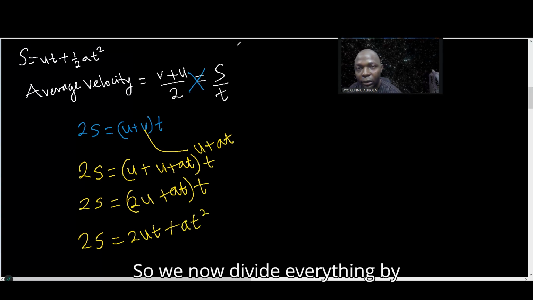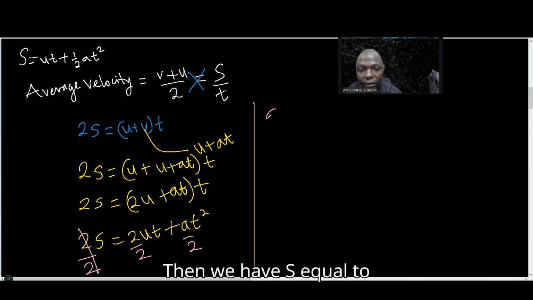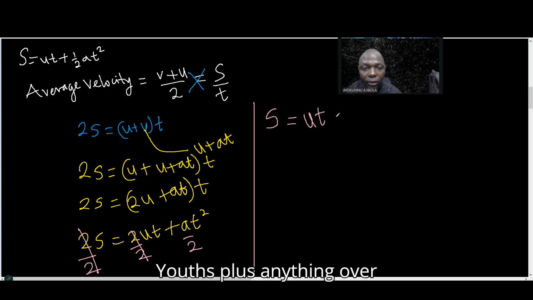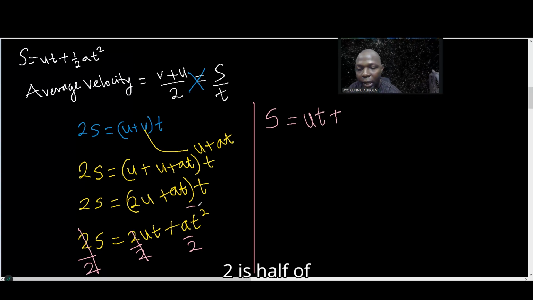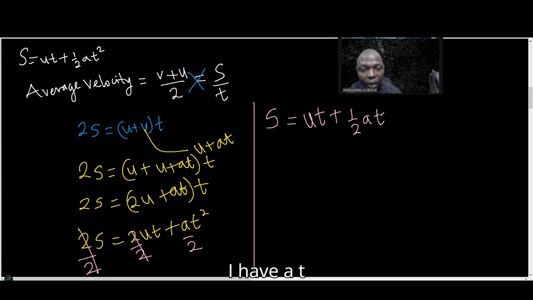So we now divide everything by 2. The 2 cancels out here, then we have s equal to ut plus anything over 2 is half of that thing, so half at squared.